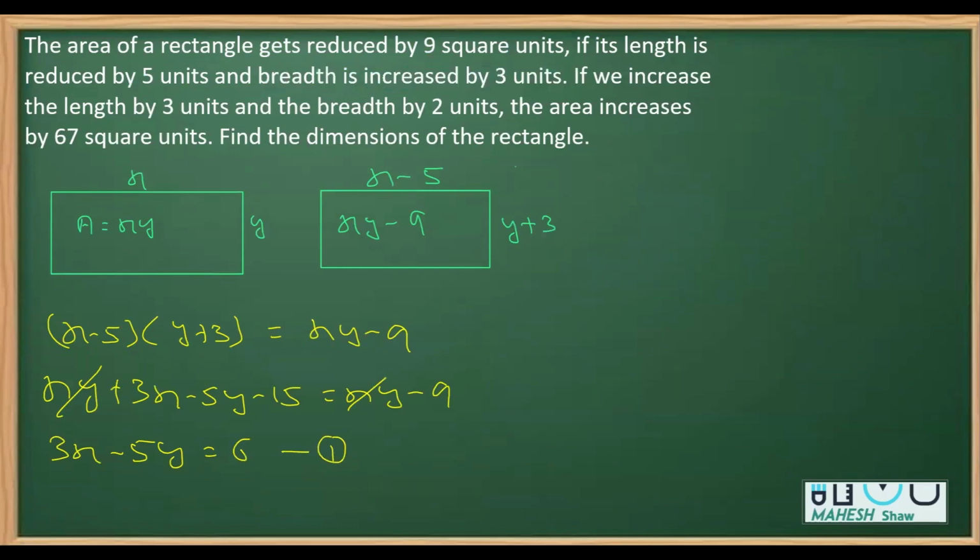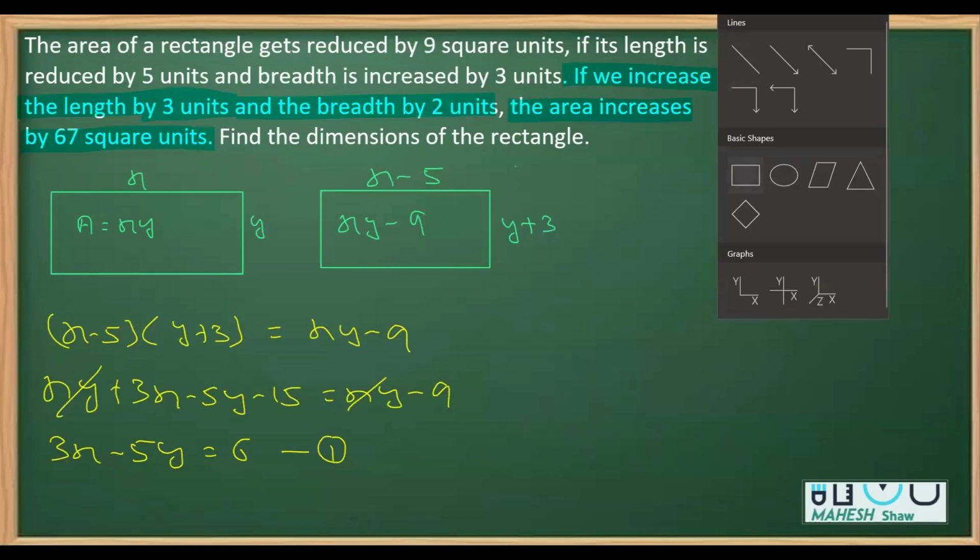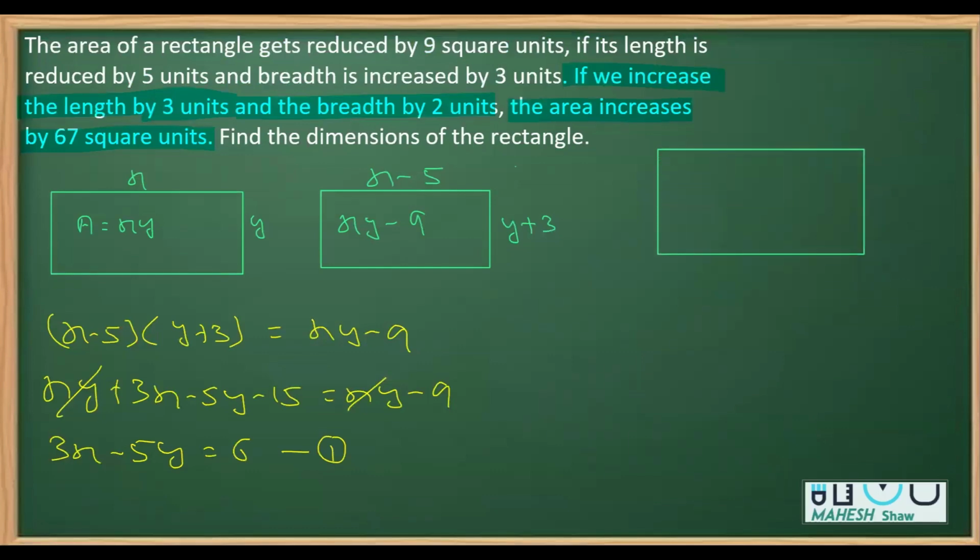Now, in the third case, it says that if we increase the length by 3 units and the width by 2 units, the area increases by 67 square units. So let's take this as the third rectangle.